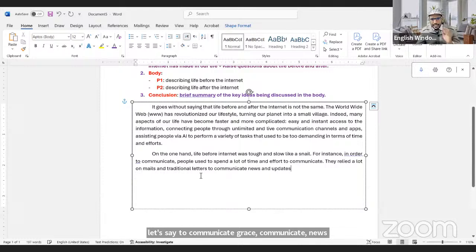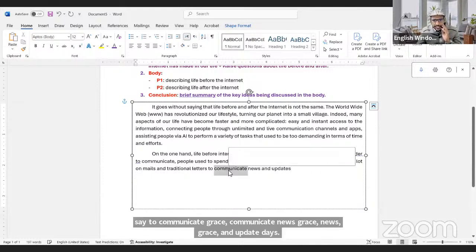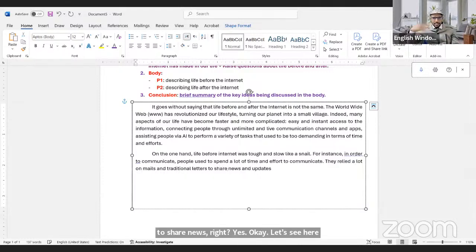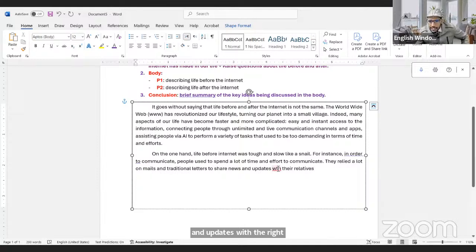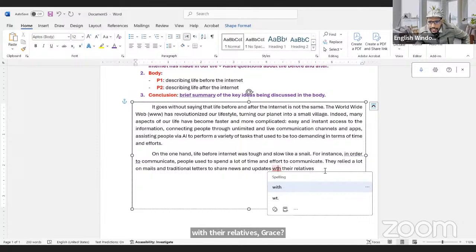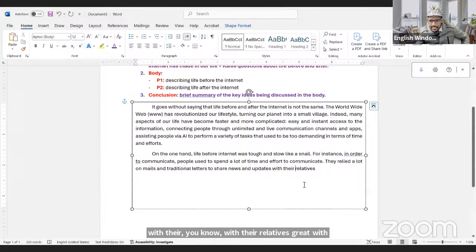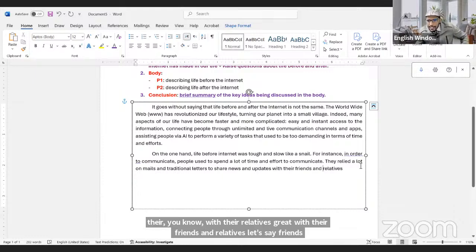To share news and updates. So avoid using "communicate" a lot. To share news and updates with their friends and relatives. Very nice, good.